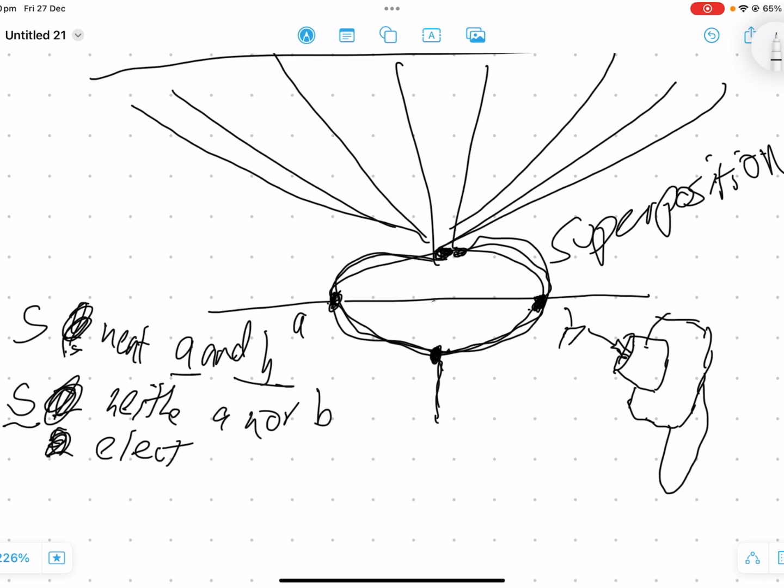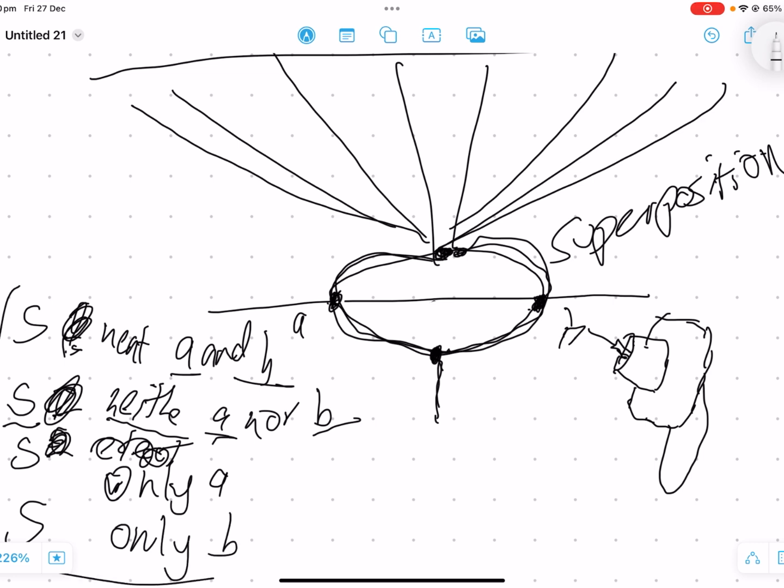S also went through neither A nor B. S also went through only A, and S also went through only B, all at the same time for the same electron. Yeah, they really had to clean up. Not only did their minds explode, but their skulls exploded with it.